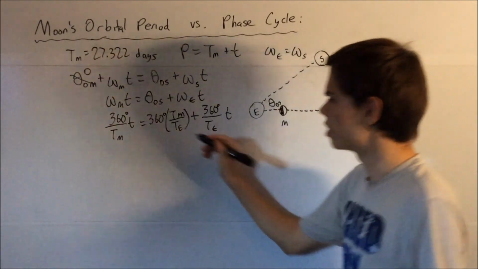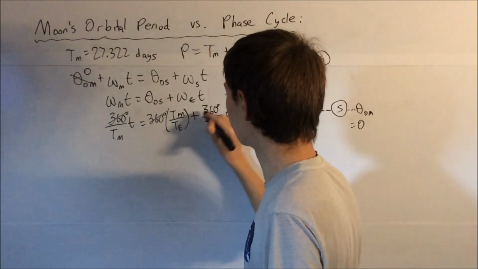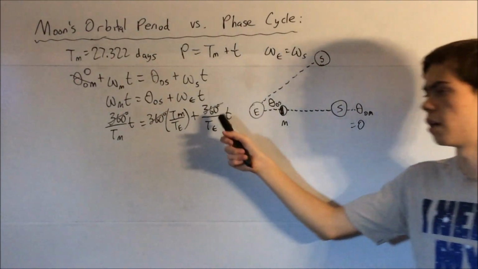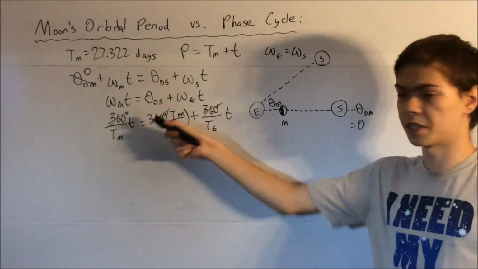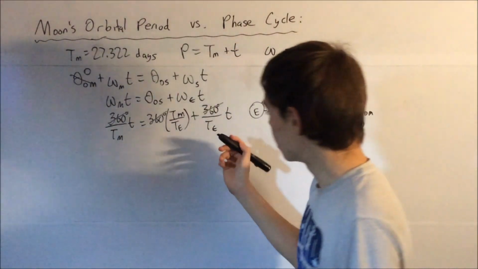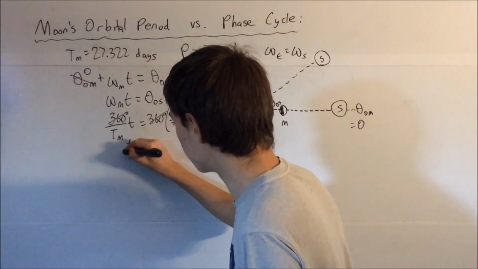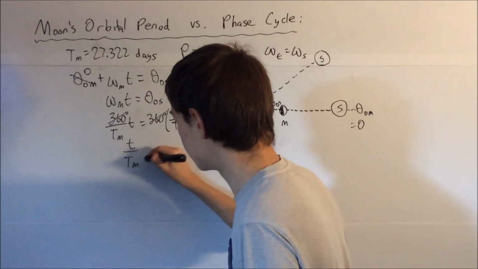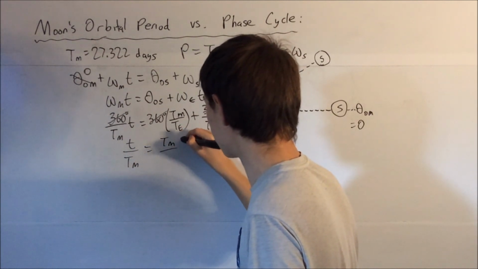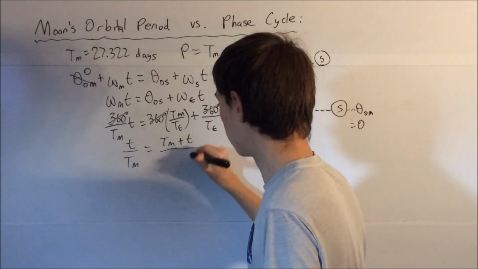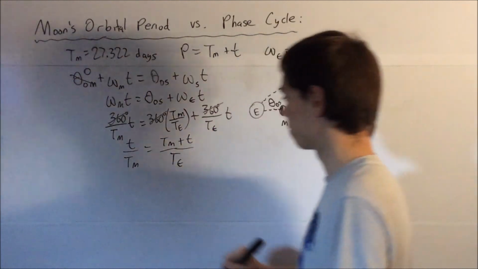Now, I can actually cancel out the 360 degrees on both sides. If I were to divide by 360 degrees on both sides, the 360 degrees would cancel out, and what I'm left with is just some algebra. So t over Tm is equal to Tm over, or in this case, (Tm plus t) over Te.